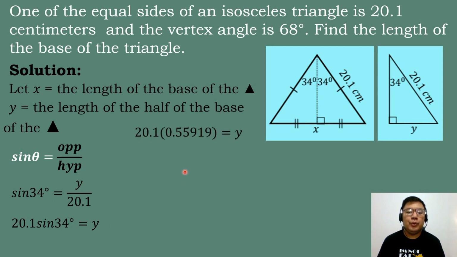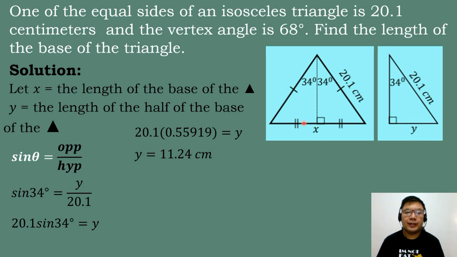Then we will press sine 34 degrees on our calculator. We will get 0.55919, and then we will multiply it by 20.1. Multiplying these two numbers, y will be equal to 11.24 centimeters. So the measure of y is 11.24 centimeters.